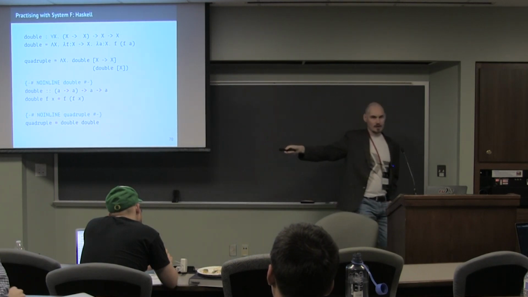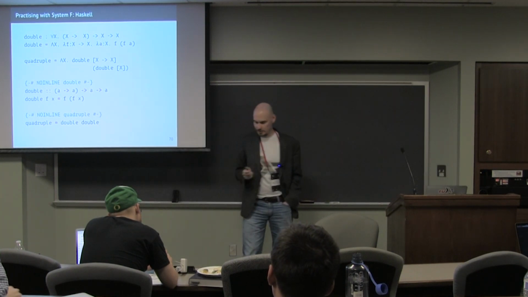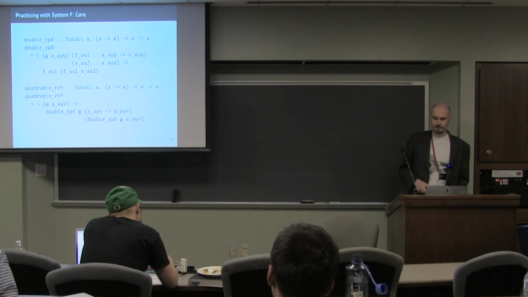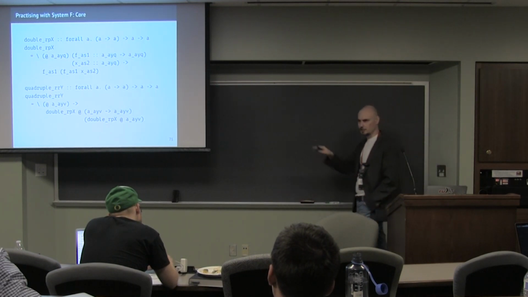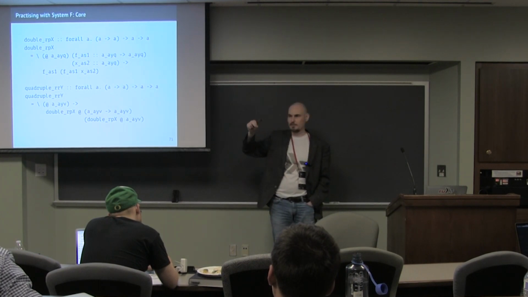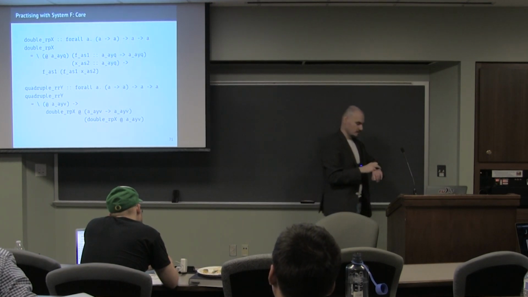But when you try to look at the GHC Core that is generated from these functions, you will get something like this. So this is GHC Core. I've got it with the -ddump-simpl flag. And now let's try to find correspondence between that.